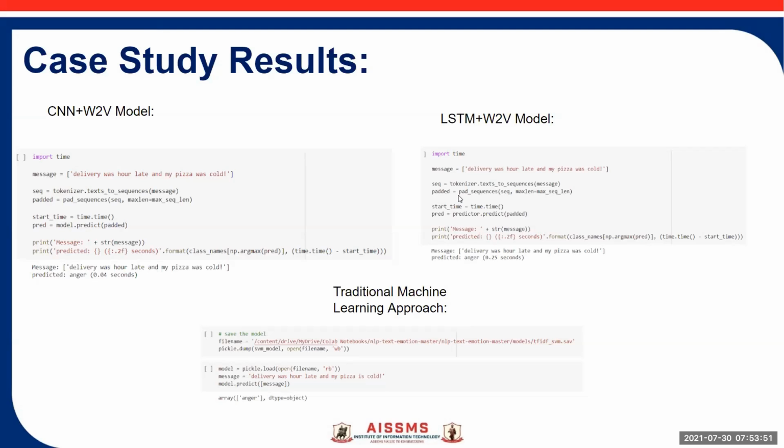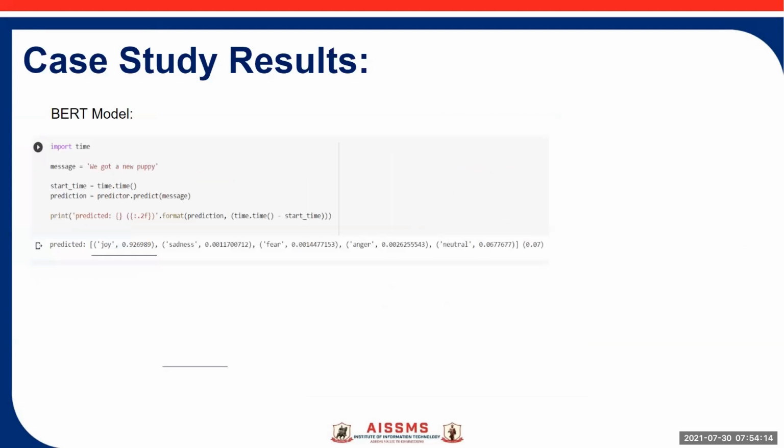These did classify our emotion into the proper emotion categories, but what was also seen is that we didn't have multi-label classification as such in these techniques, and they didn't classify the implicit sentences so well, and even the time required was quite more as compared to our BERT model. The BERT model gave us a better accuracy and a better performance.